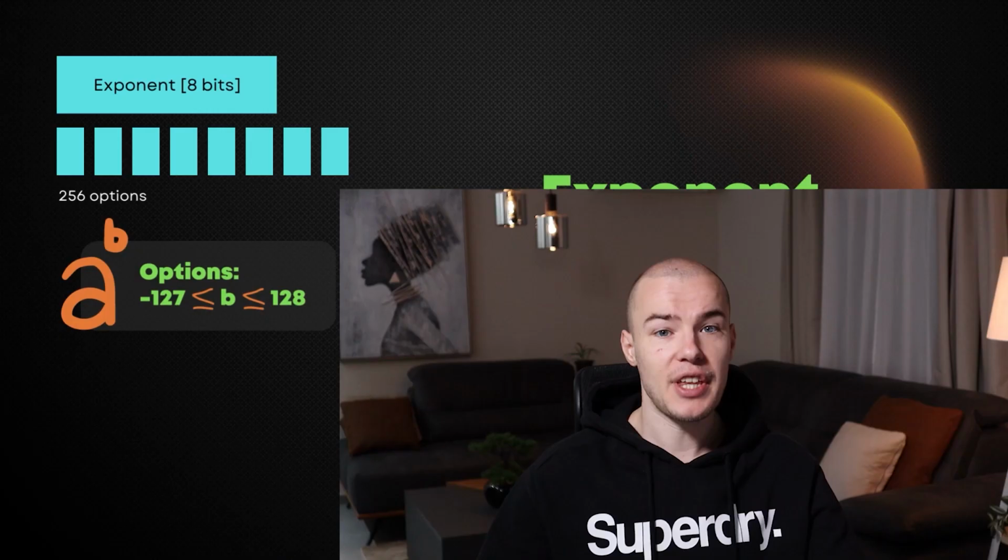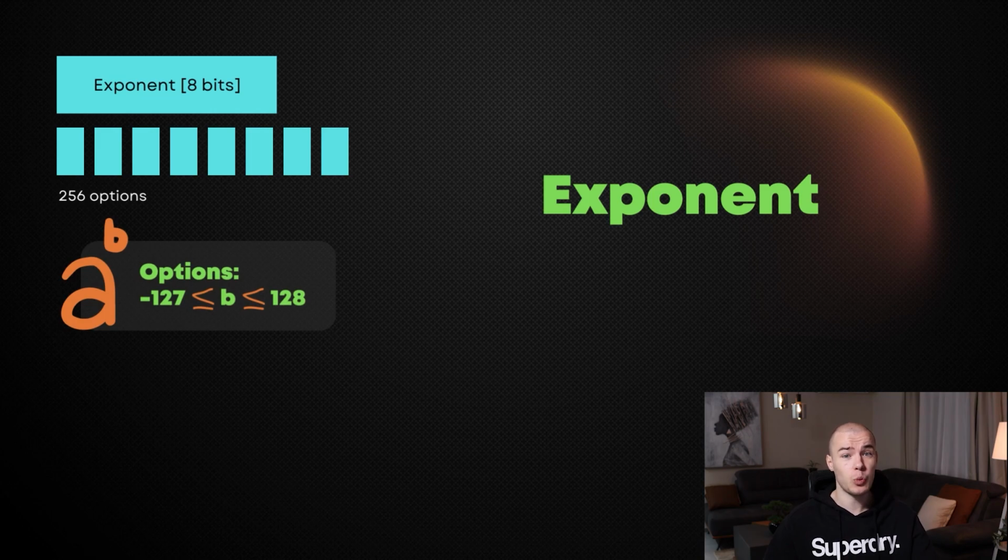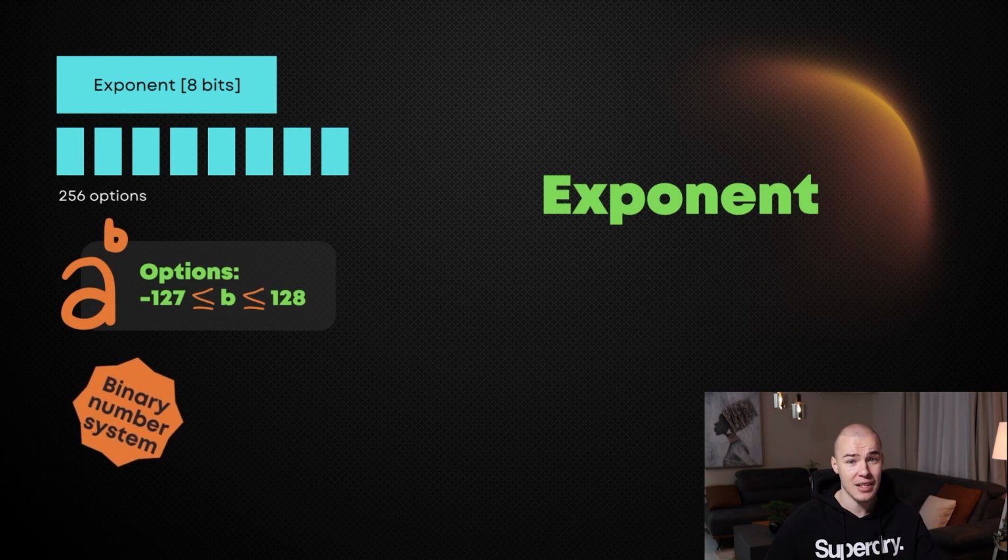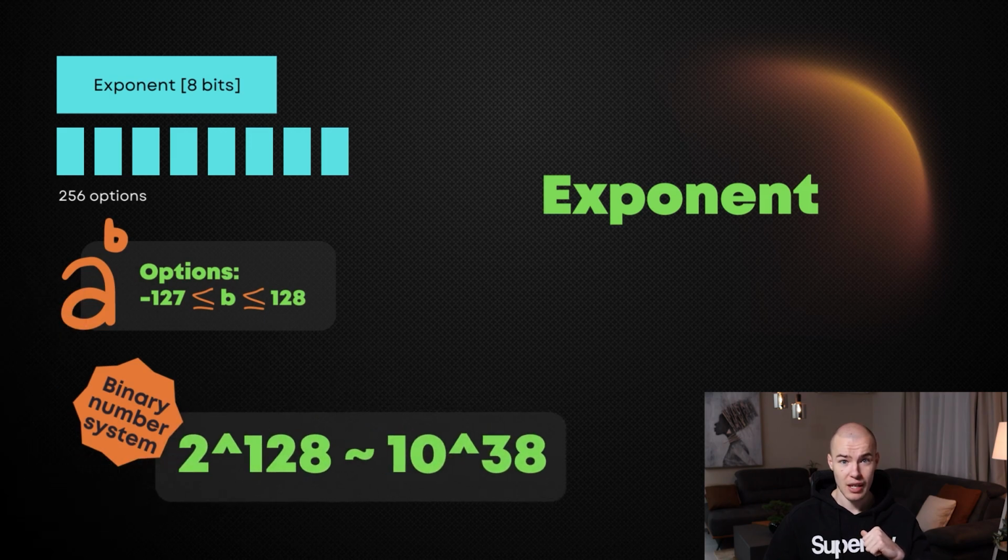Well, no. That is because our CPU is not working with the decimal number system. It's working with the binary system. So if you think about it, the base for the exponent is not going to be 10. It's going to be 2. So basically, we will have 2 to the power of 128 as a maximal value.